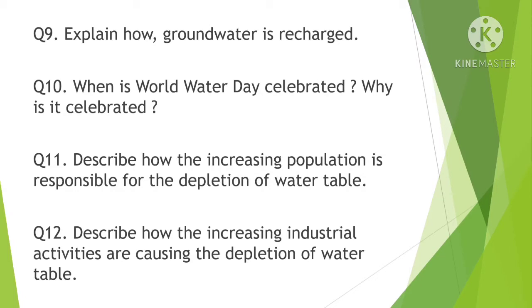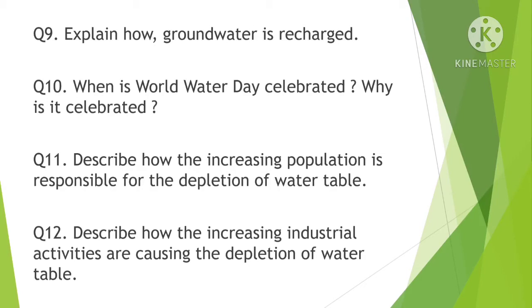Now our next question is, describe how the increasing population is responsible for the depletion of water table. So the increasing population needs more and more water for day-to-day activities.